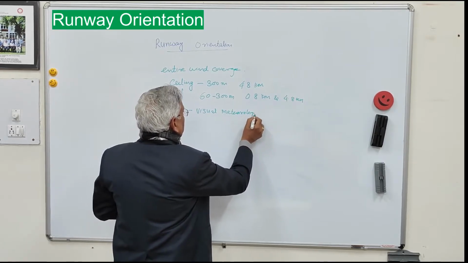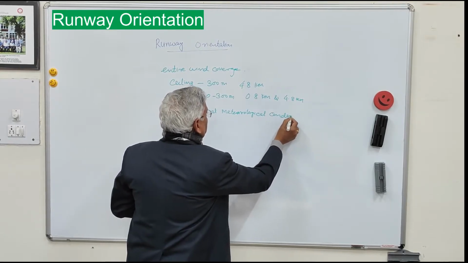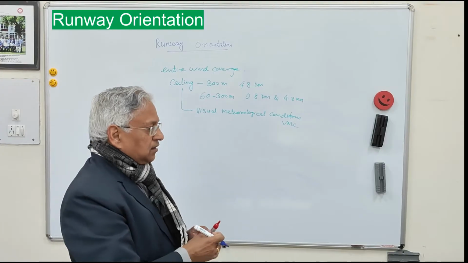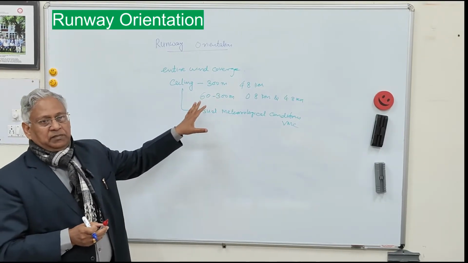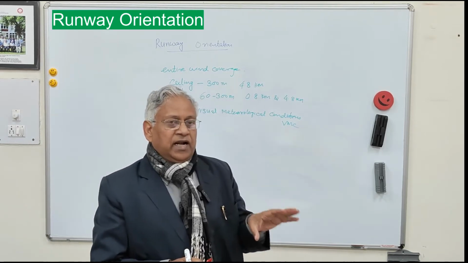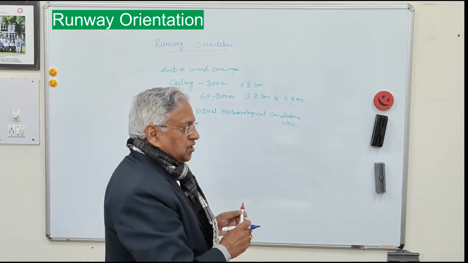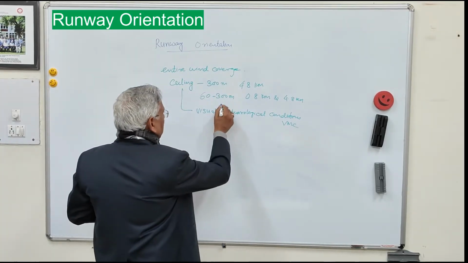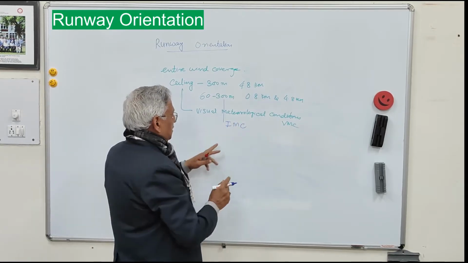VMC. And the third condition represents various degrees of poor visibility. It requires use of instruments for landing, and therefore this condition is termed as instrument meteorological condition, IMC.